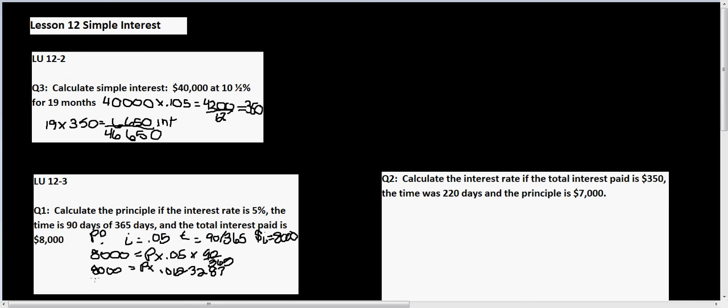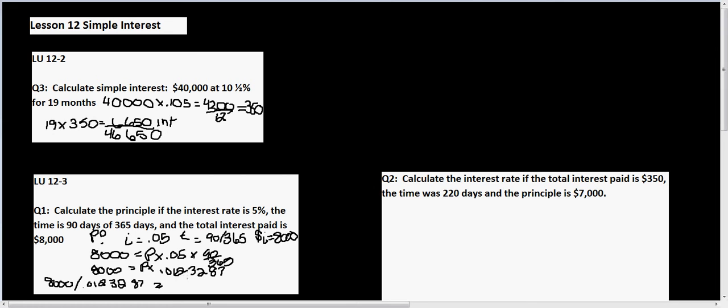I'm going to take that 8,000, move it over here because I'm running out of room, and I'm going to divide that by 0.0123287.